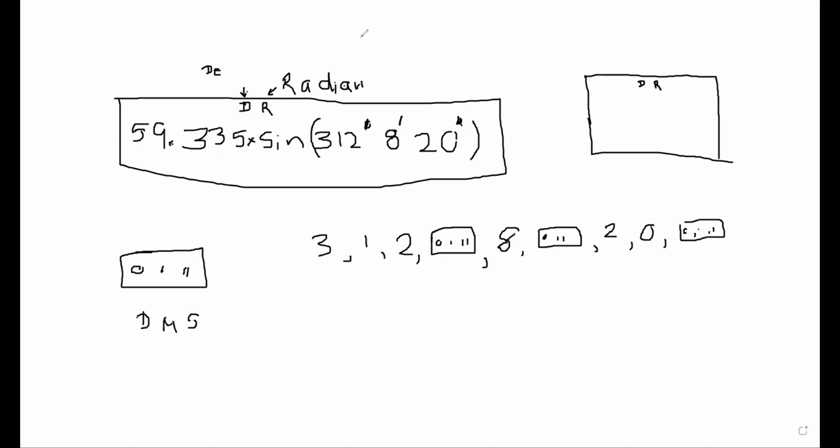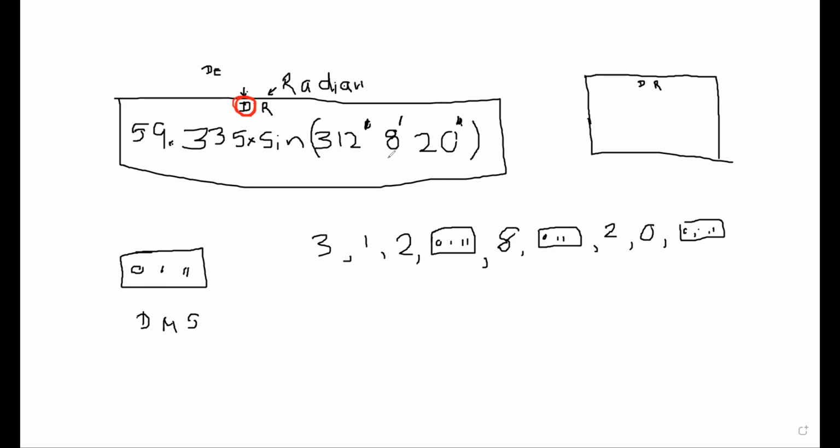While you are typing this way, your degree mode should be active. If R is highlighted, if R is active, then you don't get the correct angle, because even though you type degrees, minutes and whatever, the calculator will take the angle in radians.